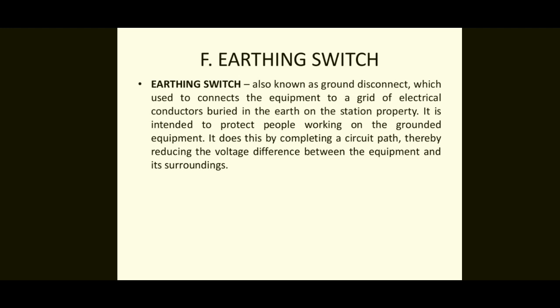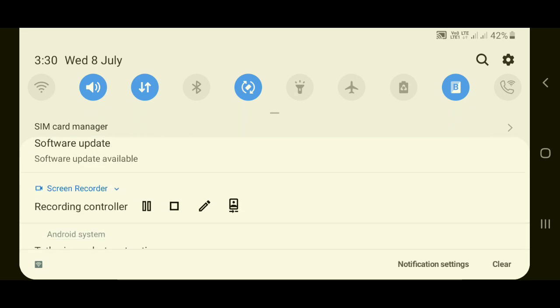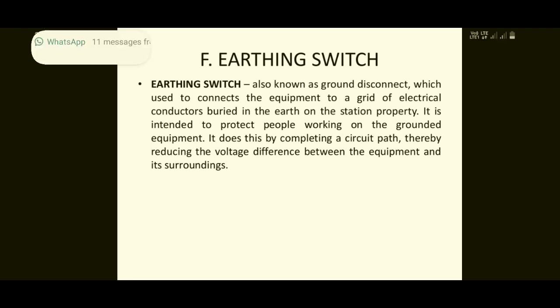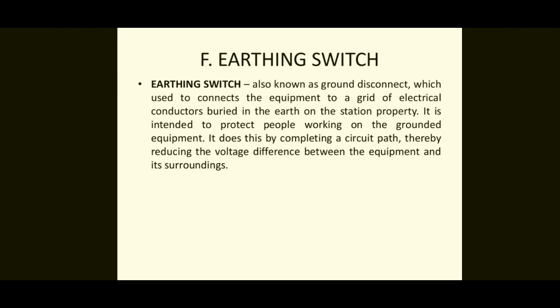On the station property, it is intended to protect people working on the grounded equipment. It does this by completing a circuit path, thereby reducing the voltage difference between the equipment and its surroundings.